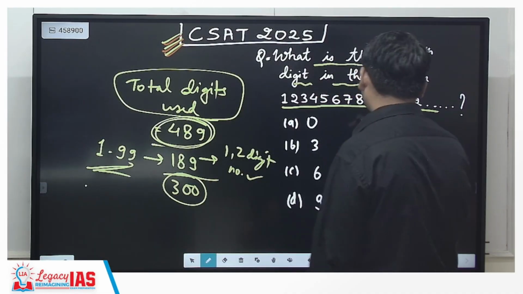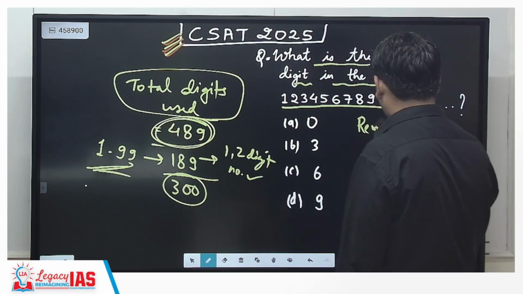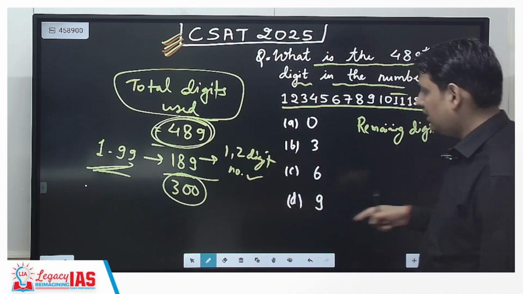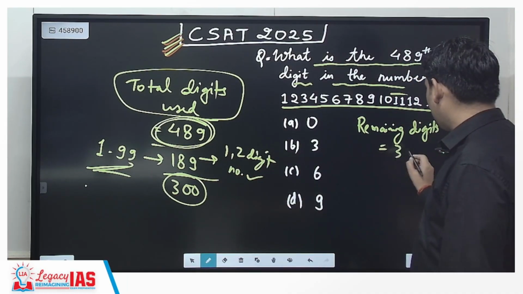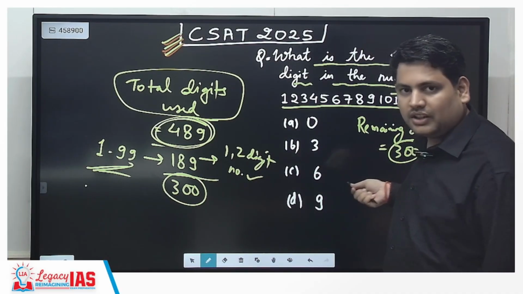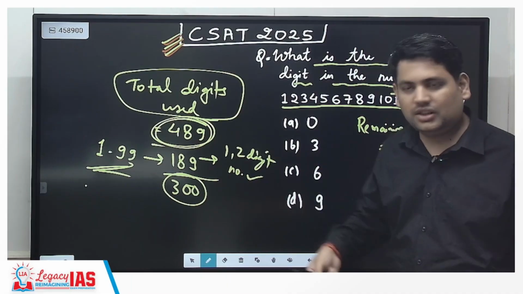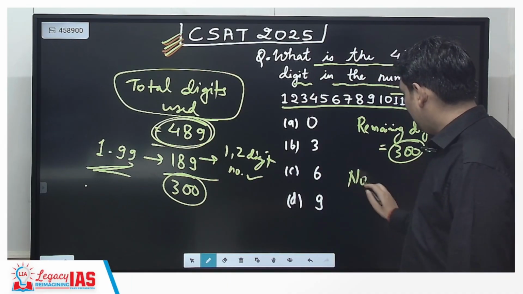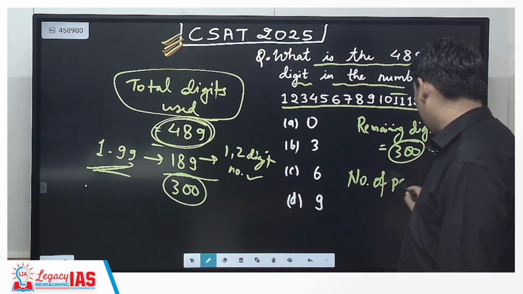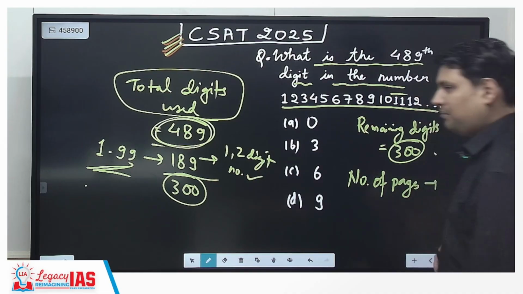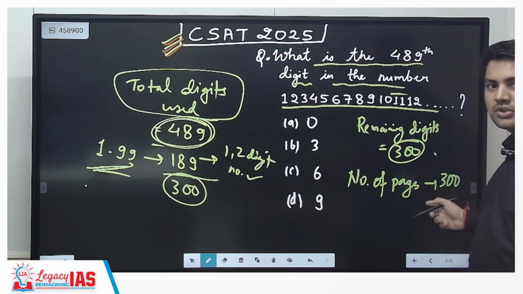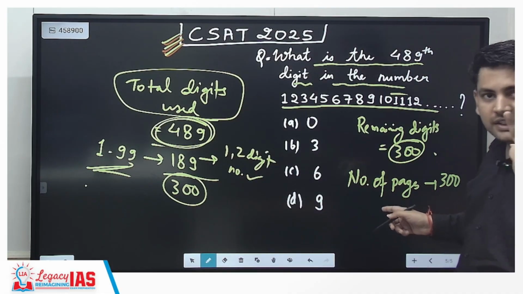Now, remaining digits, how many digits are remaining? 189 was spent in 1 to 99, so remaining digits are 300. Now all these numbers which will be using these 300 digits are 3 digit numbers. So to find the number of pages here, 300 digits have to be used, using only 3 digit numbers.